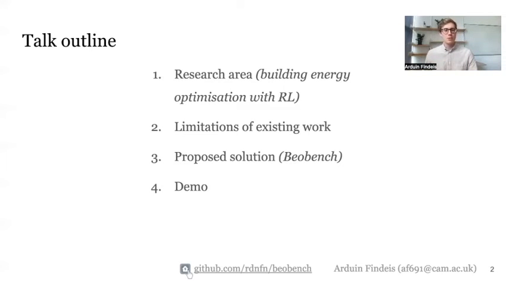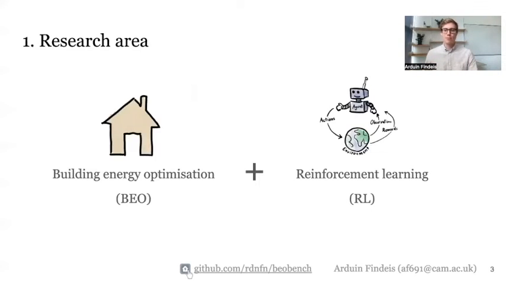Cool. With that, I will jump right in and introduce the research area, and that's building energy optimization using reinforcement learning methods. Building energy optimization or building control, as many of you will be very familiar with, is all about the goal of operating the different devices within a home in order to achieve some objective like minimizing energy cost or minimizing carbon footprint or related goals.